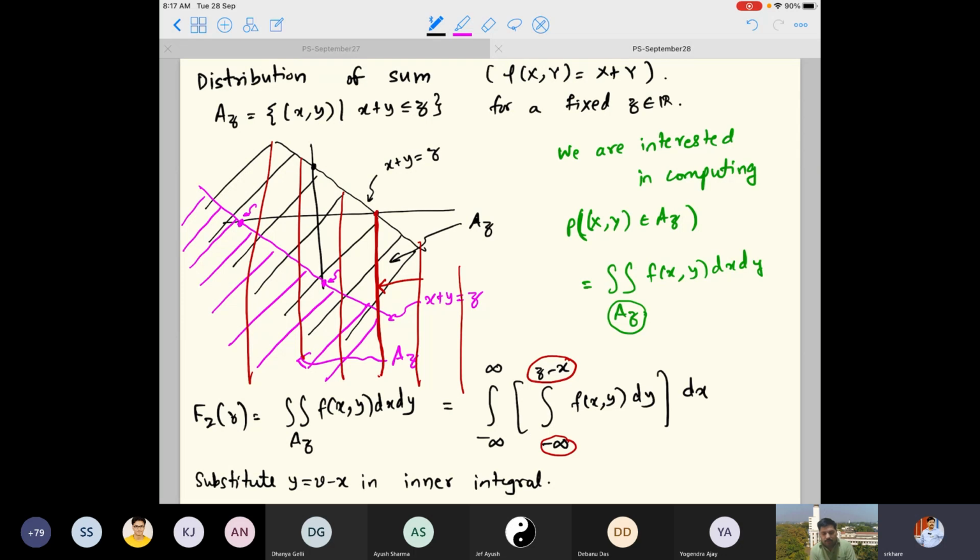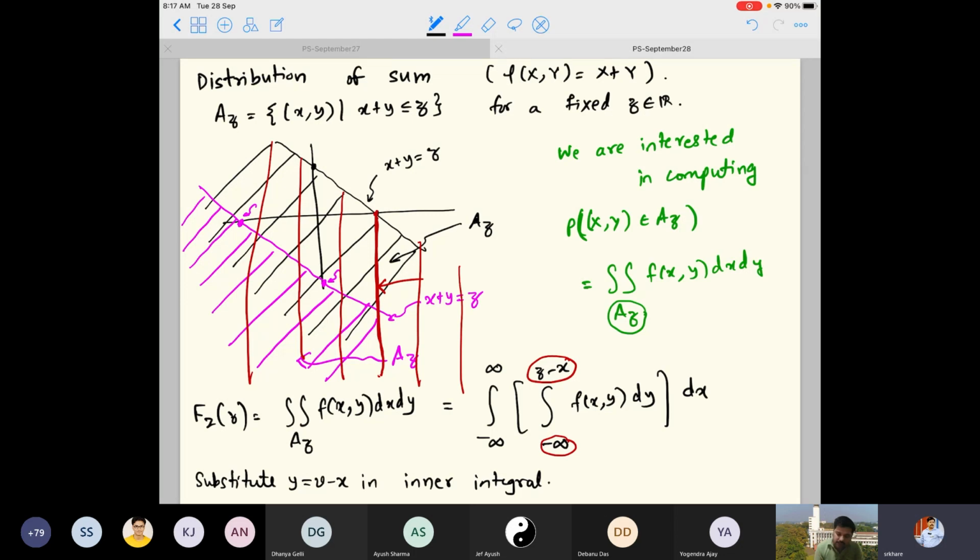When y is equal to minus infinity, v is also equal to minus infinity. When y is equal to z minus x, v is equal to z. And dy is equal to dv.